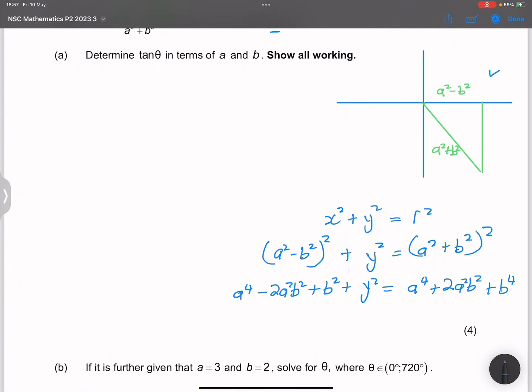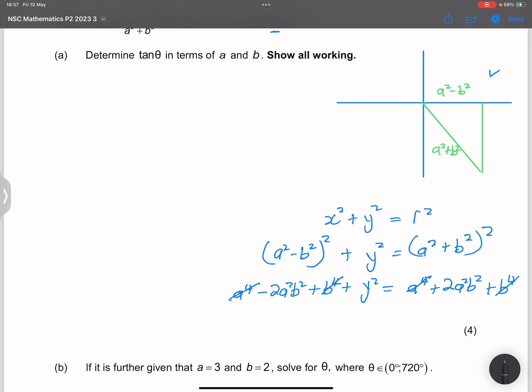All right, so let's find the value of y squared. This was supposed to be b to the power 4. So I can see b to the power 4 cancels with that.